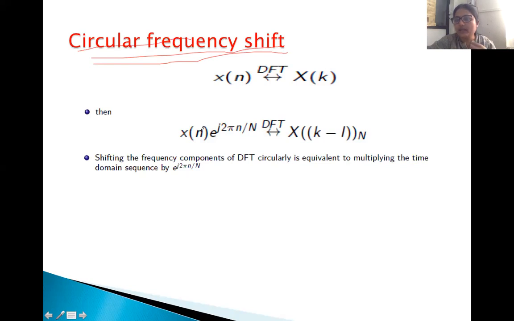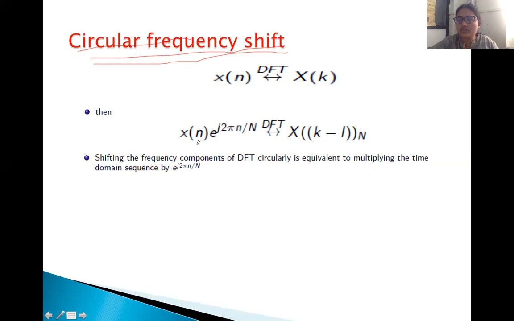If I multiply the input sequence by the exponential part e raised to j 2 pi l n upon capital N, because of multiplication by a complex exponential in the time domain, it will result in shifting of the sequence in the frequency domain.